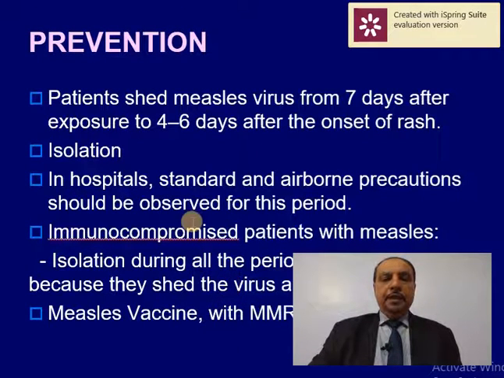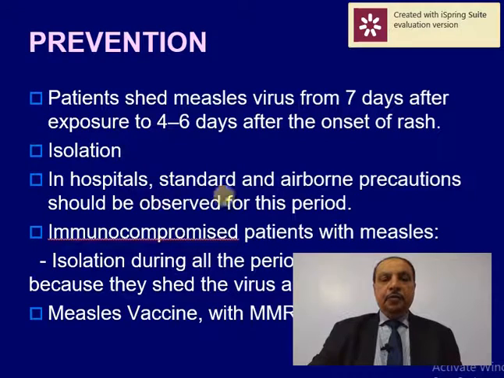How to prevent measles? First of all, isolation is the most important, because the patient sheds measles virus from 7 days after exposure to 4 to 6 days after the onset of rash. So during this period, the patient will be isolated from contact.